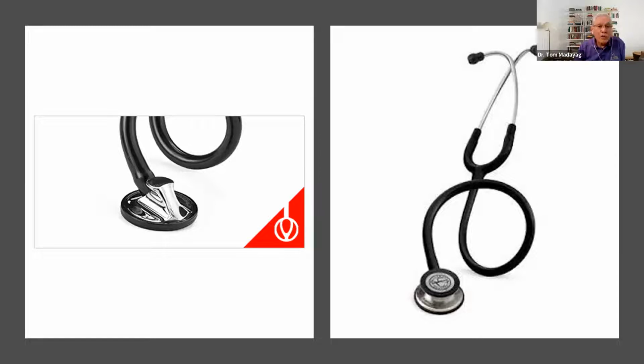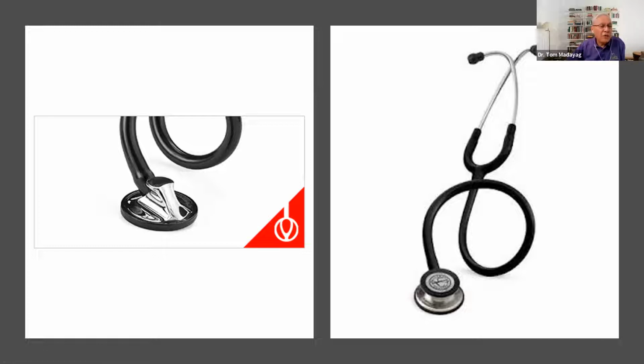Conversely, the bell, being the one that transmits low frequency sounds, should be applied very lightly. Pressing more firmly with the bell can stretch the underlying skin and essentially turn it into a diaphragm. So make sure that you know the difference between the two, okay?